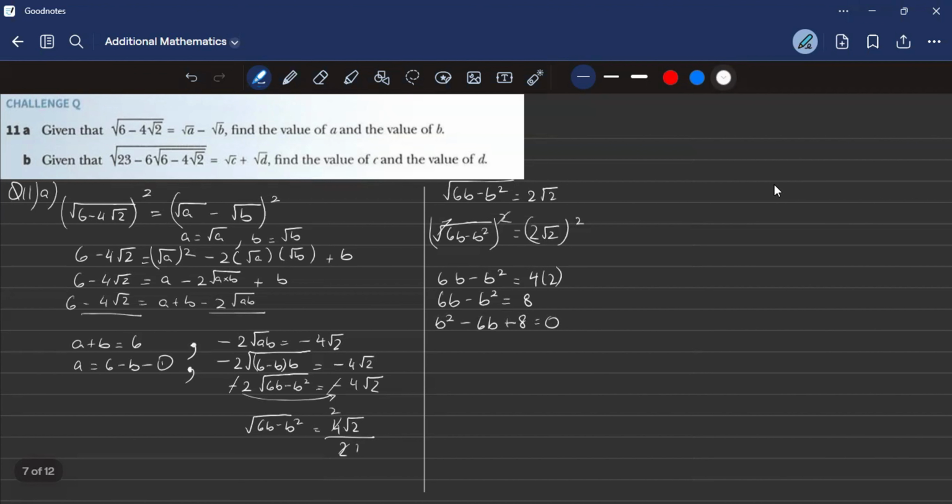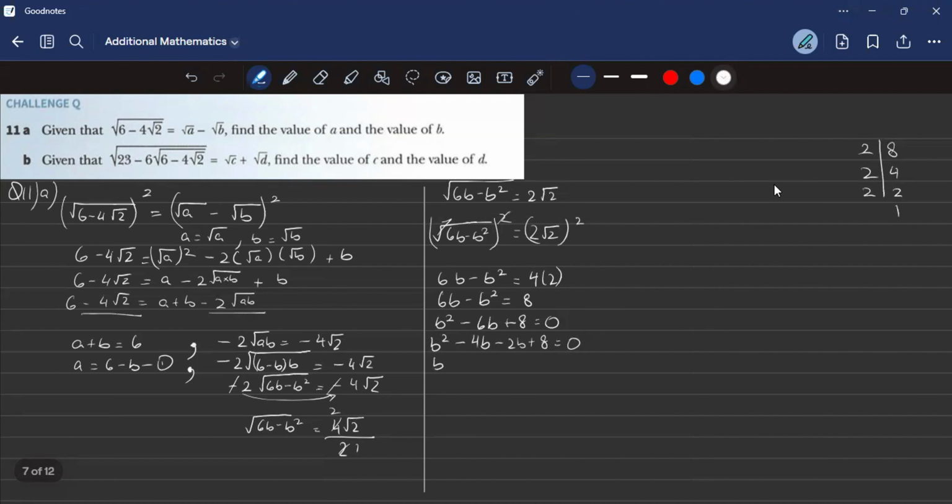We could use the quadratic formula, or we are going to find the factors of 8. So 2 fours are 8, 2 twos are 4, and 2 ones are 2. Okay, so we have 4 plus 2. So b² − 4b − 2b + 8 = 0.